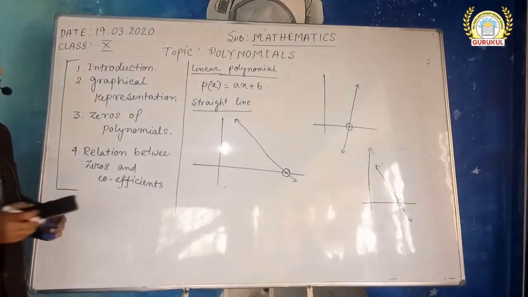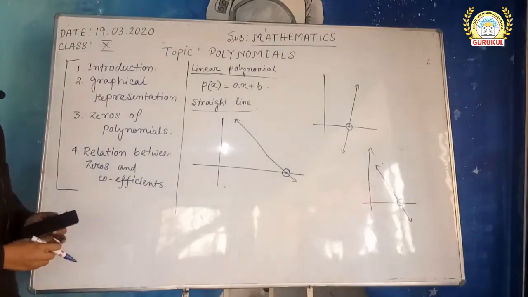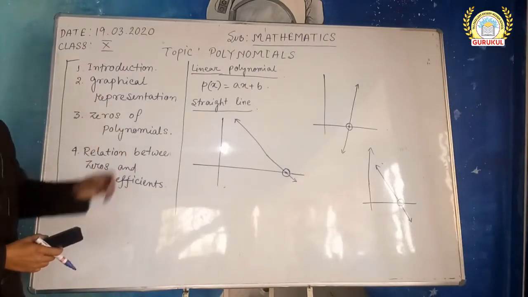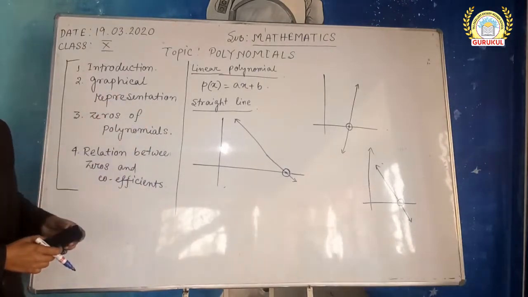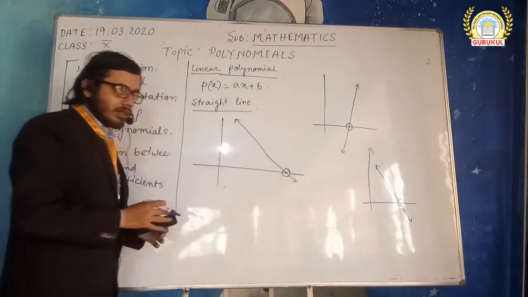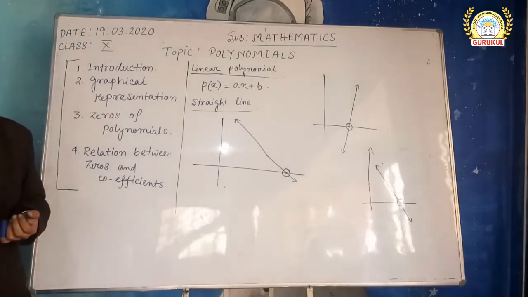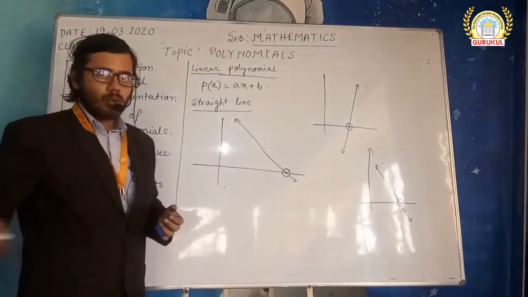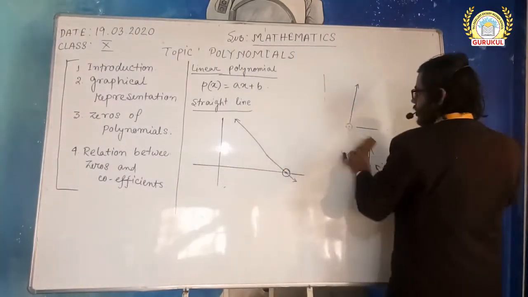So first we need to know that a linear polynomial represents a straight line, and we can say that the straight line can intersect the x-axis once. If you think that a straight line can intersect the x-axis more than once, is it possible? I think the answer is no. Why? Let's see this figure.